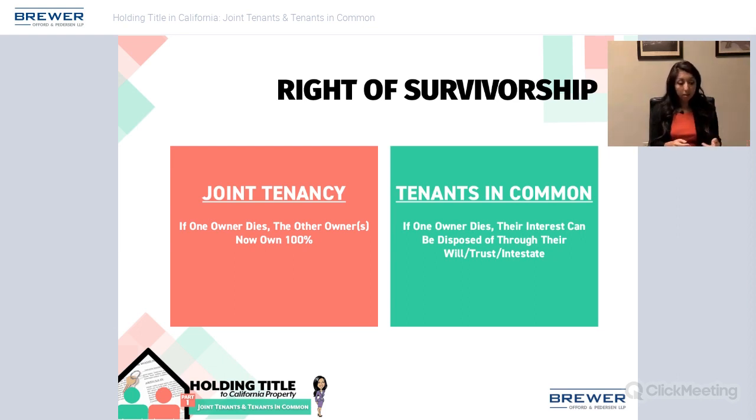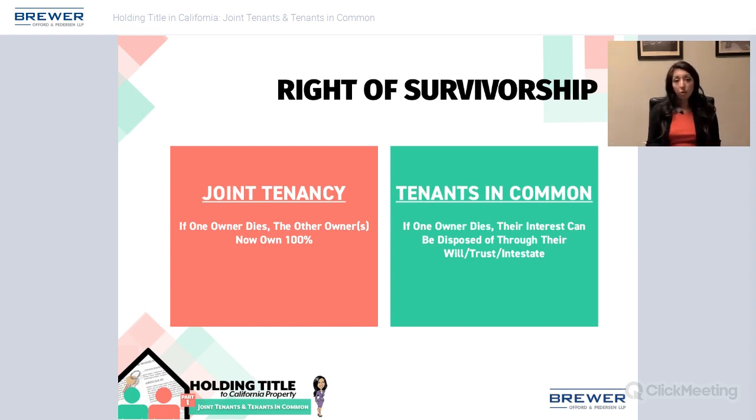So, example, Jane Doe and Wendy Doe own the property as joint tenants. Jane passes, and upon her death, her interest in the property goes poof. Wendy then owns 100% of the property.